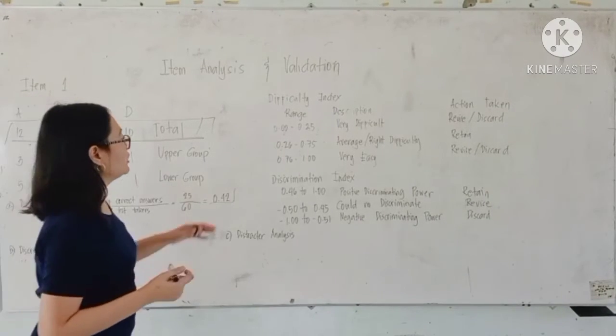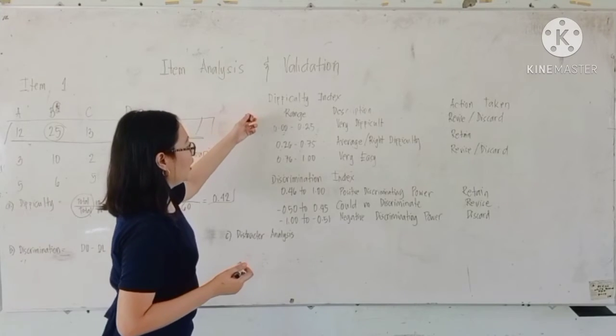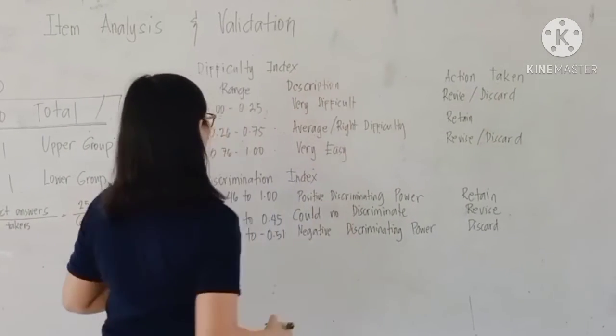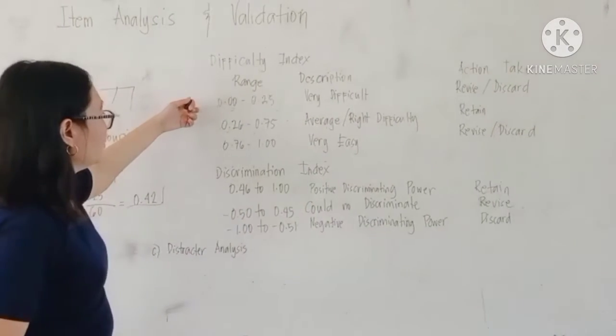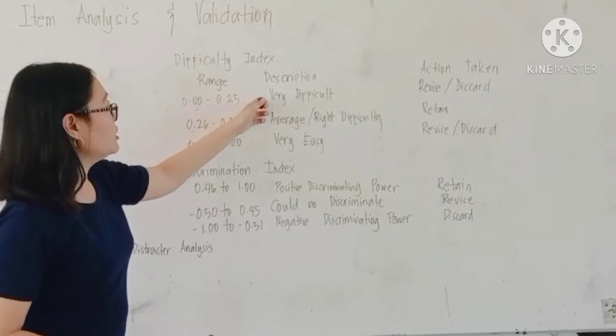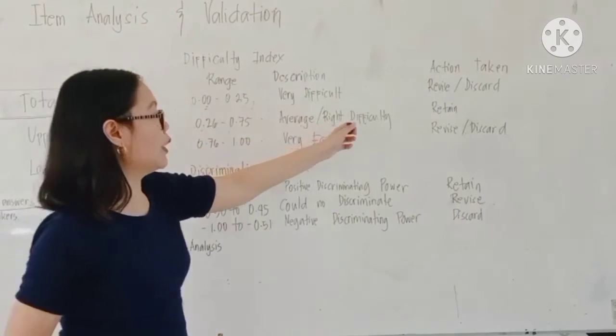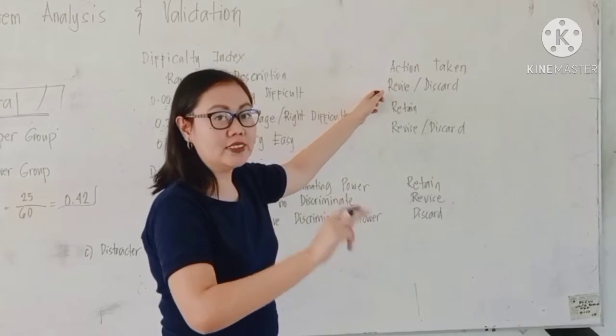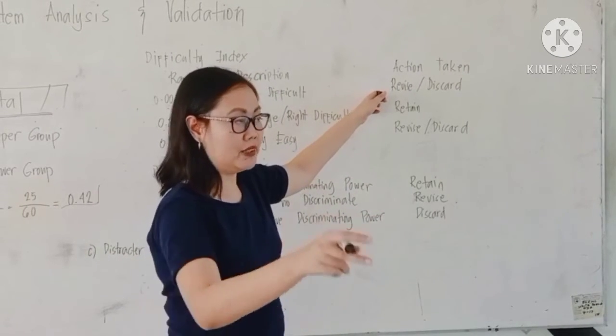For our difficulty index, we have the arbitrary numerical guide. For the range 0.00 to 0.25, that's a very difficult item. The action we have to take is to revise or discard the test item. It depends upon you.